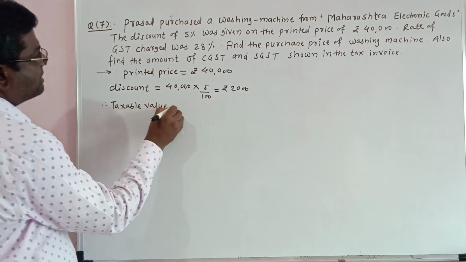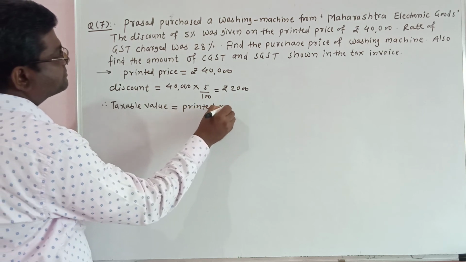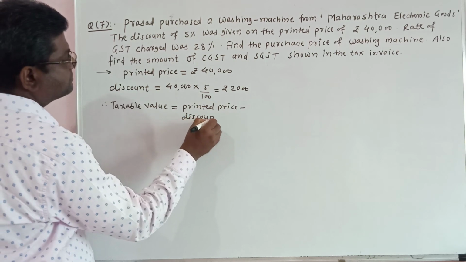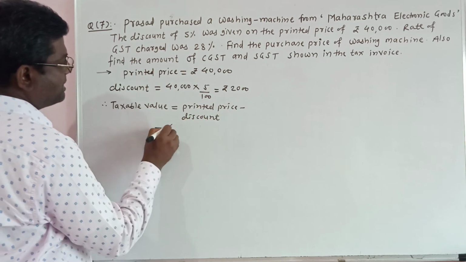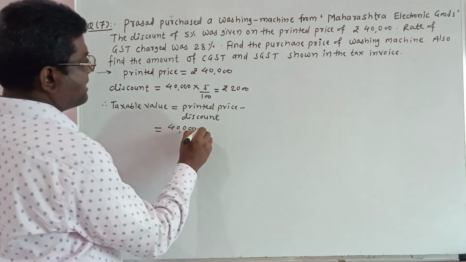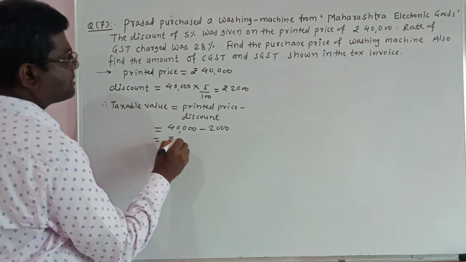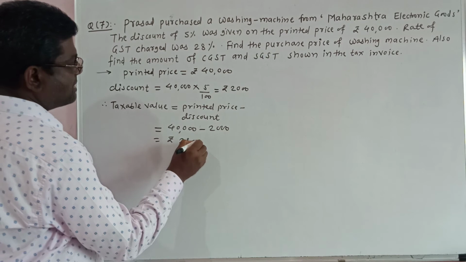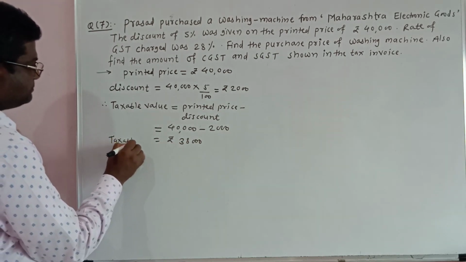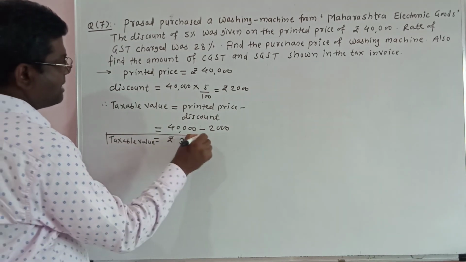Taxable value is equal to printed price minus discount, which is 40,000 minus 2,000, equal to rupees 38,000. This is our taxable value.